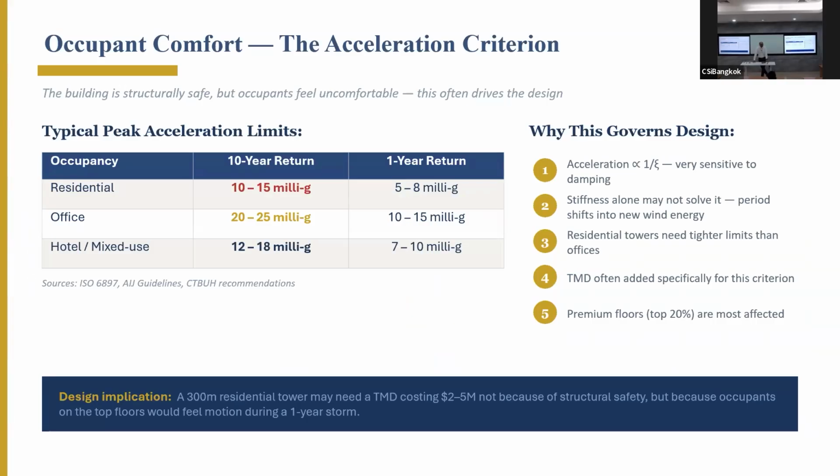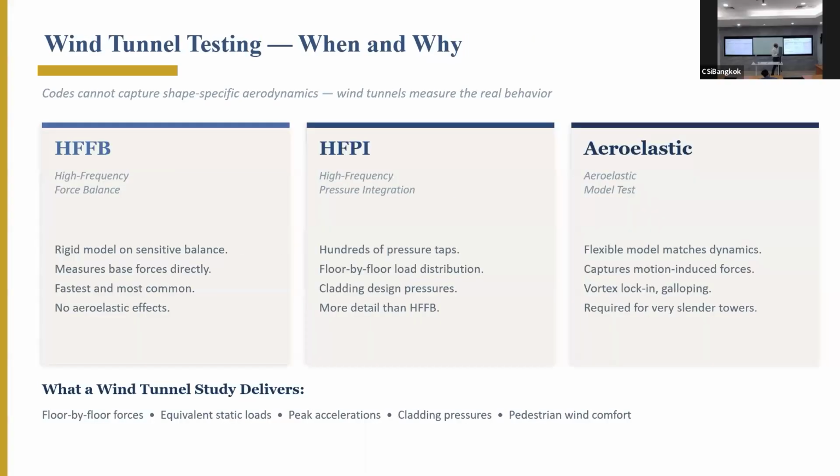That's why it's important that the building design is done with due care. First of all, building form, building edges, and openings are done first to reduce the effects, and if that doesn't work, then you add dampers. All right, so we have this slide, and I want to explain this one, and I'm sure you will get a chance to visit the lab and talk more about it.